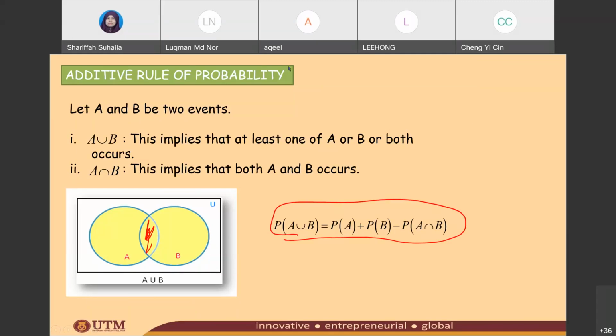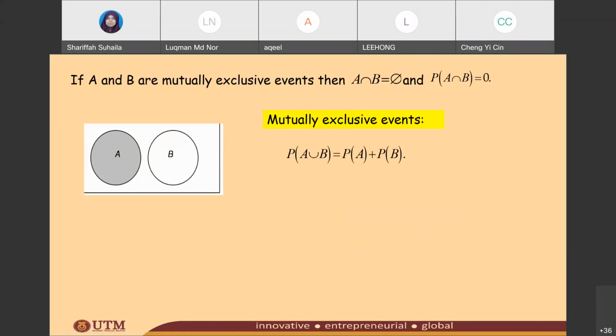If you go further in a mathematics program, normally in the second year you have mathematical statistics, where you learn how to prove this using the axioms of probability. Then you understand why the formula is like that.